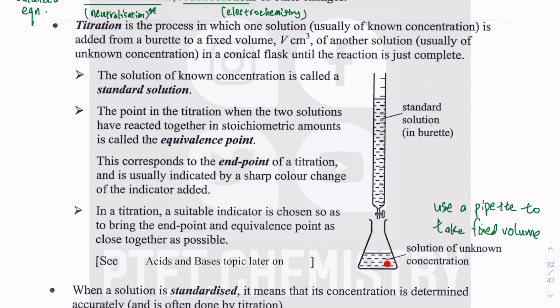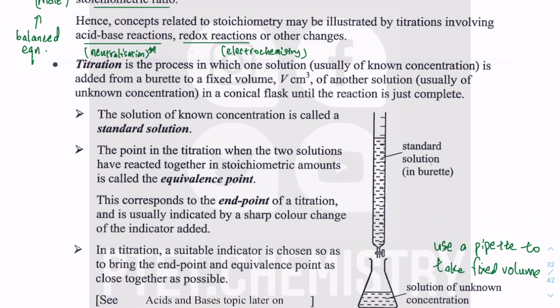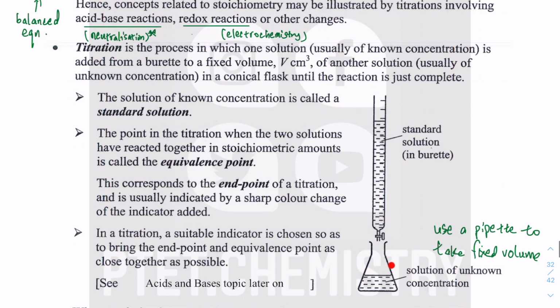You put it in there, you add a little bit of indicator, and then you run down whatever volume is required from the burette in order to neutralize all of the acid or the base in here, if we are talking about acid-base reactions. The color change of the indicator shows that the reaction is complete.